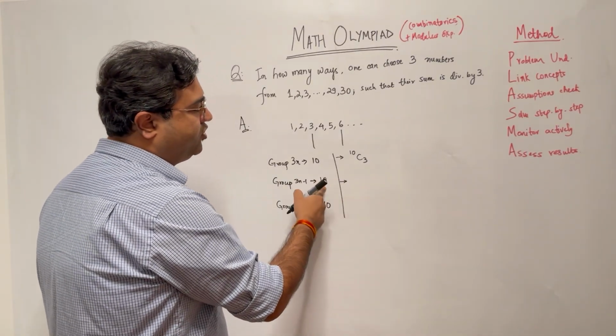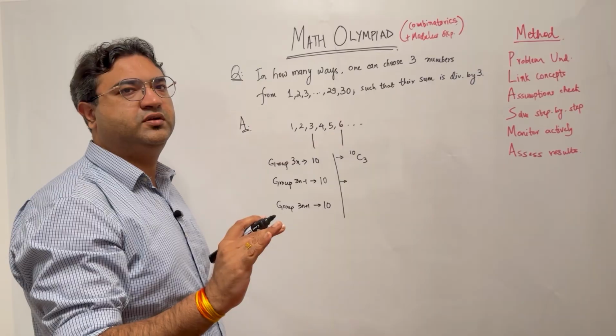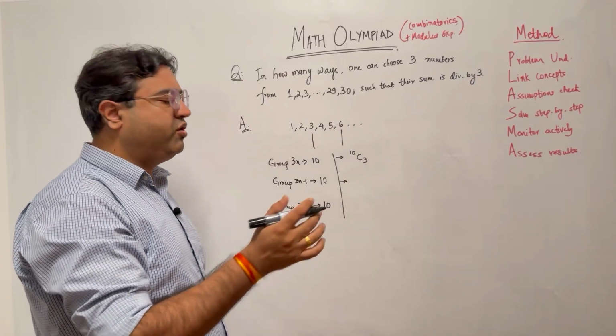So here also we can choose any 3 numbers because they're all 1 shy.